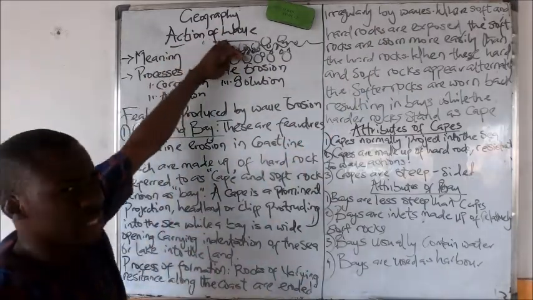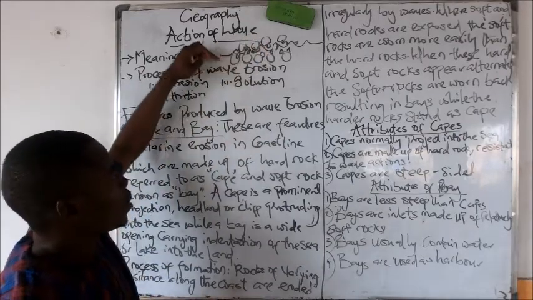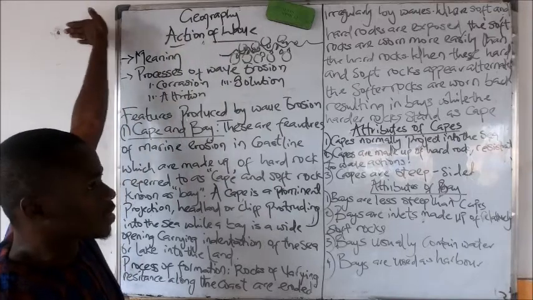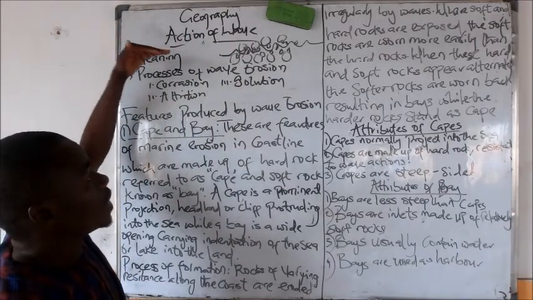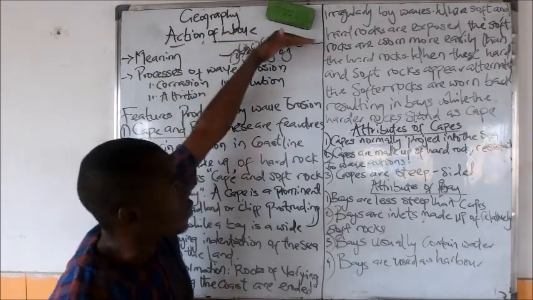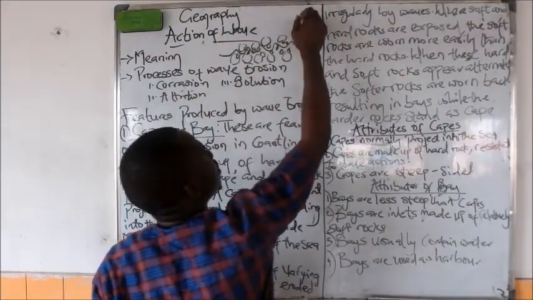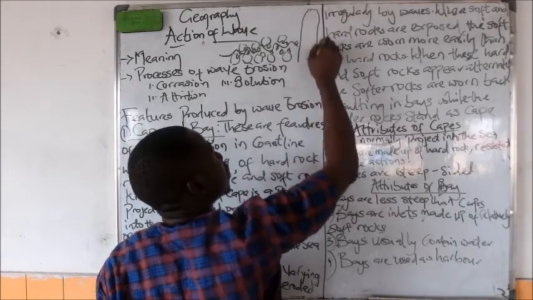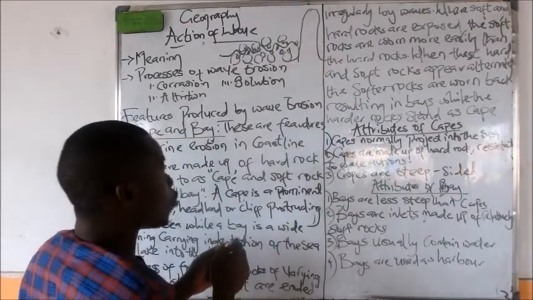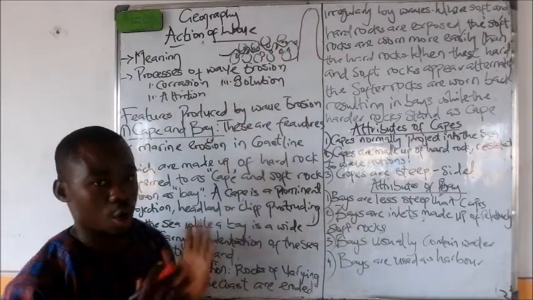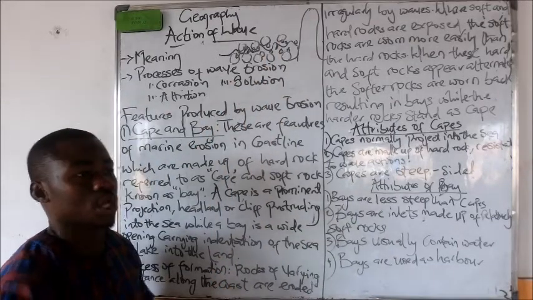Now when these fragments of the weathered particle are traveling with the body of water, it will get to a point where, let's say this is a rock, it will come across the body of rock, an exposed rock.